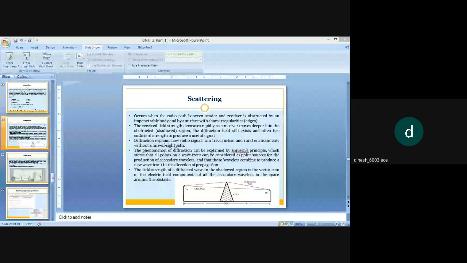The received field strength decreases rapidly as the receiver moves deeper into the obstructed or shadow region. The diffraction still exists and often has sufficient strength to produce a useful signal. Diffraction explains how radio signals can travel in urban and rural environments without a line of sight path.